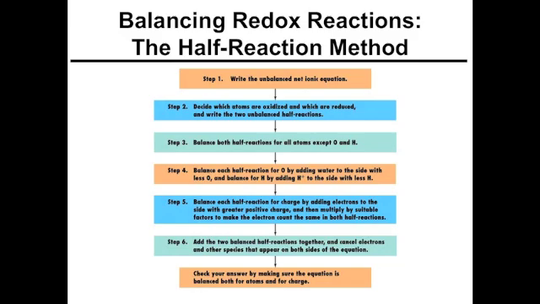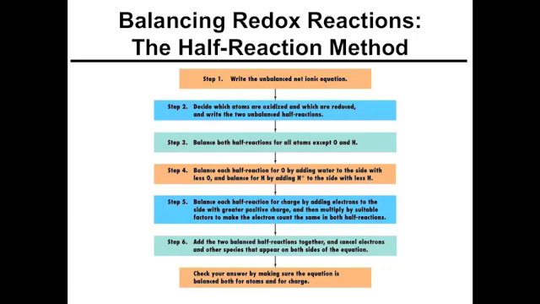We balance oxygens not by adding oxygen, but we add water to the side that needs oxygens. If we need to balance the hydrogens, we add an H+, one or more H pluses to the side that needs hydrogens. So once we have the atoms all balanced, then we move to step 5 where we balance the charges.